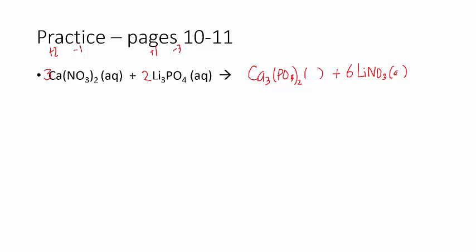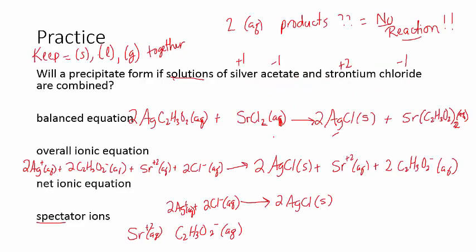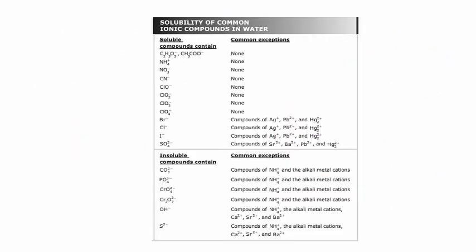Using the back of your periodic table, now let's look at the compounds. I just automatically started with lithium. Nitrates are never solids. Lithium is a group 1, never solids. That's how I knew this was always going to be aqueous. That's my shortcut. I write anything with a group 1, I just automatically start writing aqueous. They're never my solid. Now let's look at your calcium phosphate. So calcium phosphate, and this is where I'm going back to what we had on this podcast.